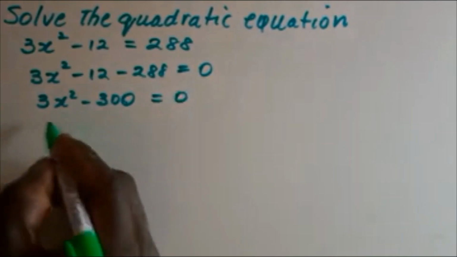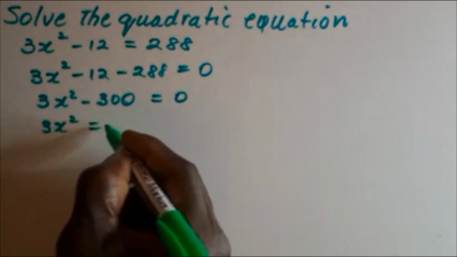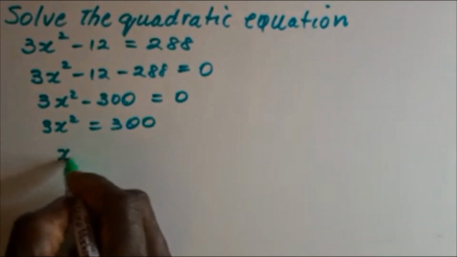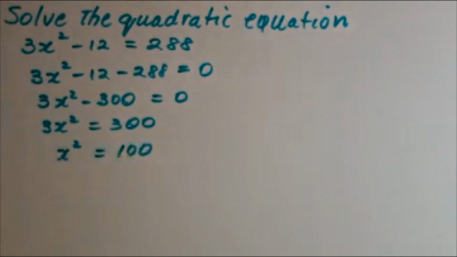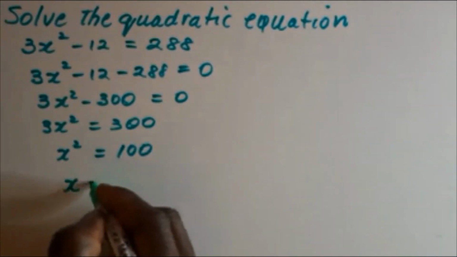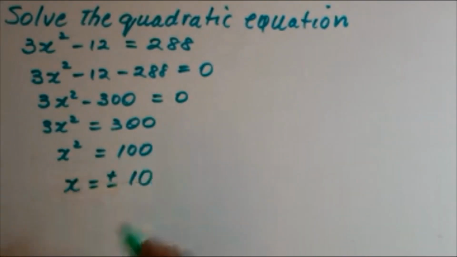And now I can rearrange again to have 3x squared is equal to 300. If I divide both sides by 3, because I can see that I can get a square number, I'll have x squared is now equal to 100. I know the square root of 100, which is x, and that's equal to plus or minus 10.